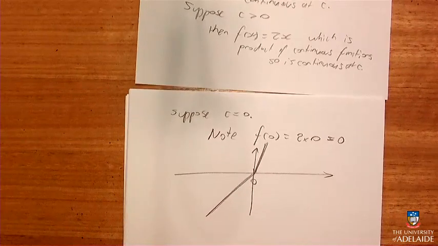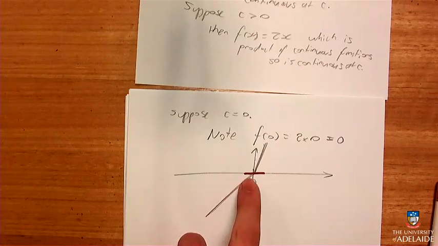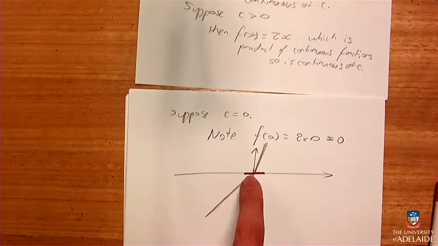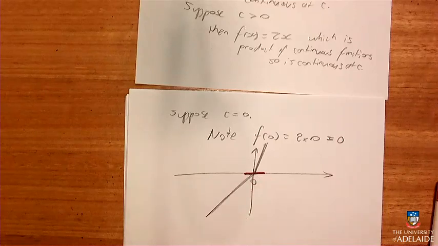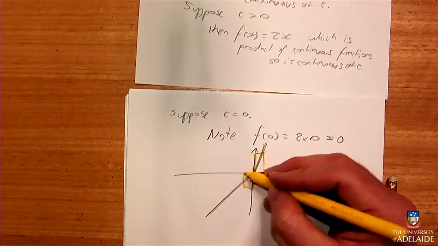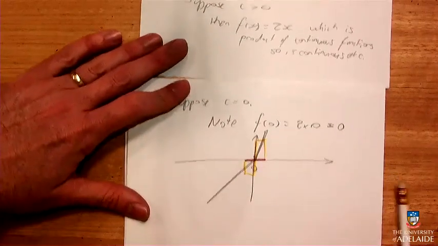When I'm very close to 0, however close to 0 I want to be on the y-axis, I can create a distance that gets me in the right spot on the x-axis.